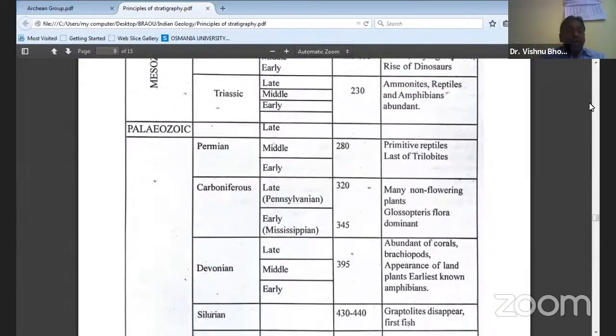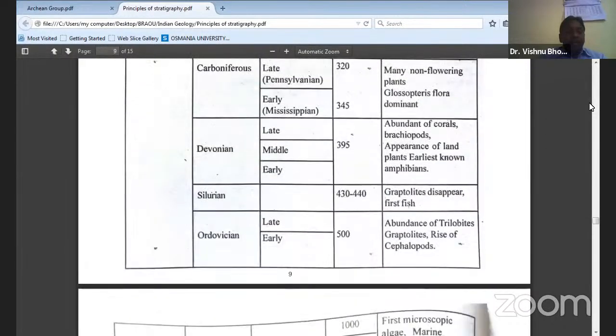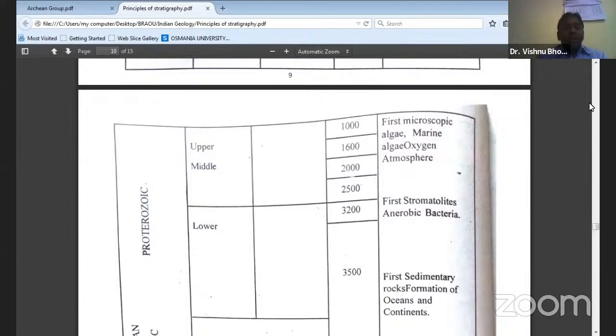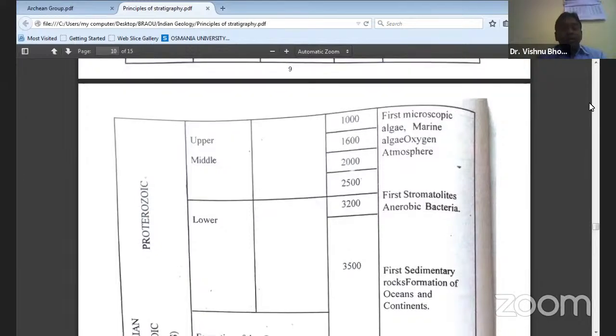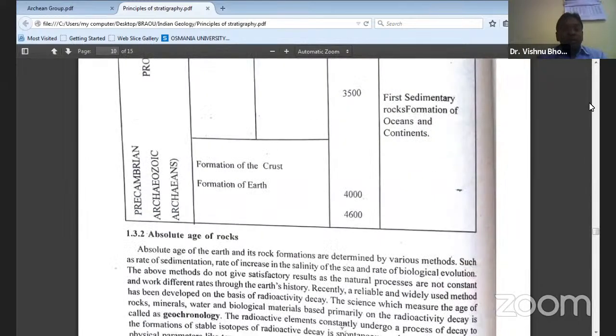We can see that at the time, around 4,600 million years, slowly the earth was formed, and then between 4,000 million years and 3,500 million years, the Precambrian era was there.